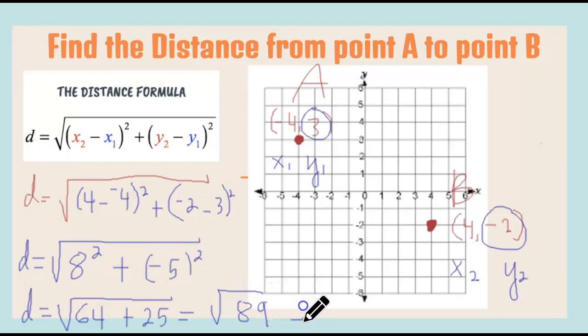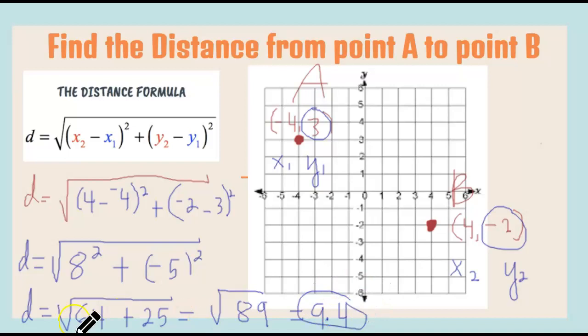And since 89 is not a perfect square, you find the square root of 89, and you could use your calculator for that. The square root of 89 is 9.4. You just round it up, okay? But if your teacher asks you to round it to the nearest hundredth, you add another digit.